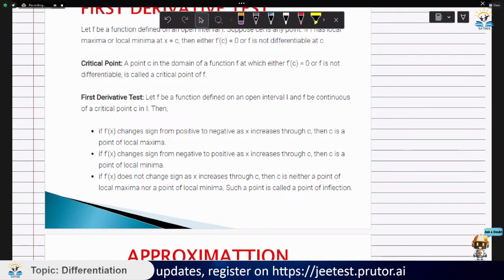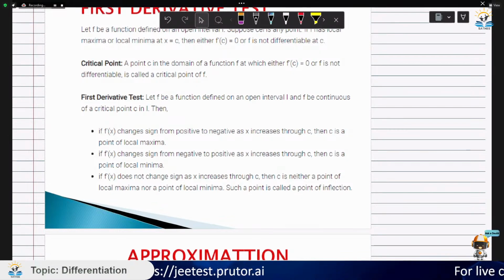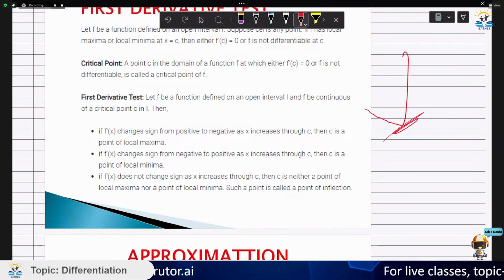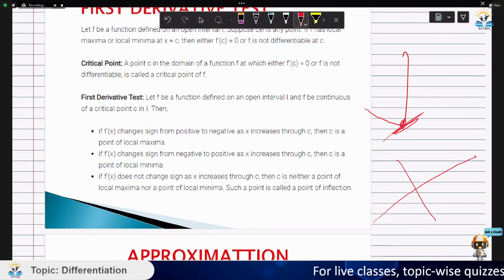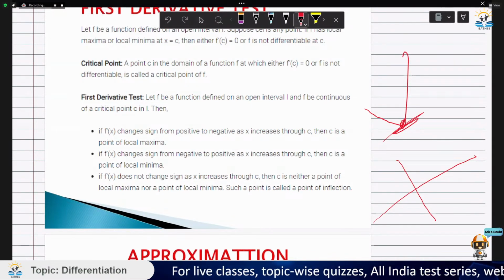Okay, if f dash x changes its sign from negative to positive, so let's see what we mean by this. If f dash of x is changing from negative and then positive, this point becomes a point of local minima. If it changes its sign from negative to positive, then it is minima.